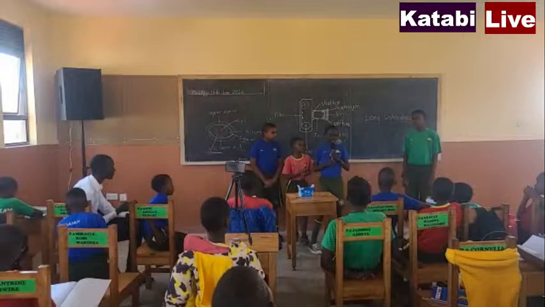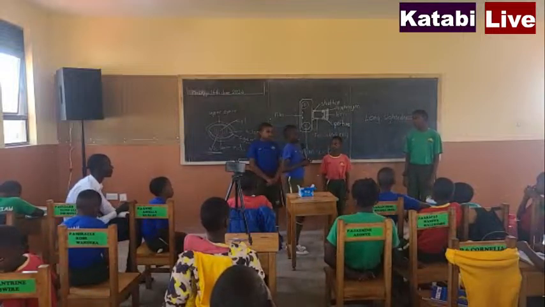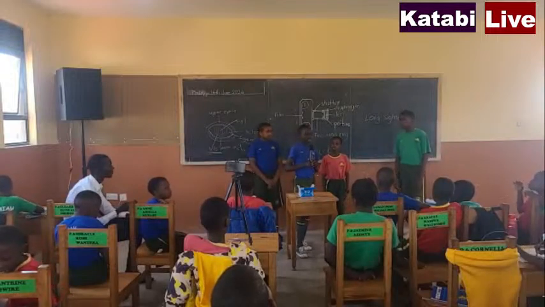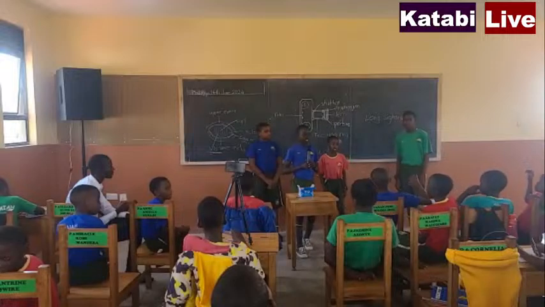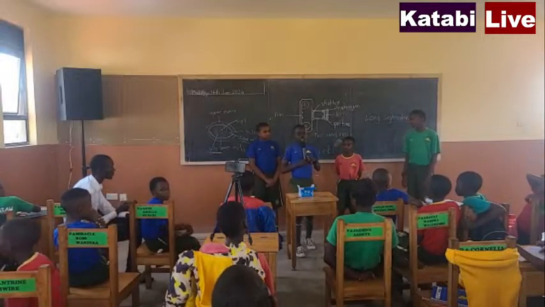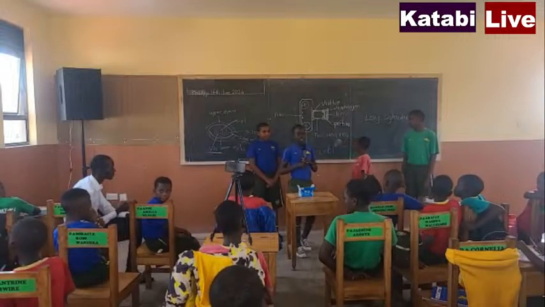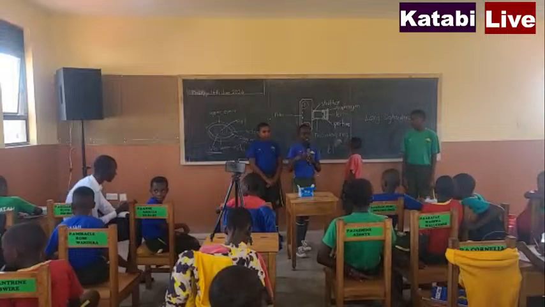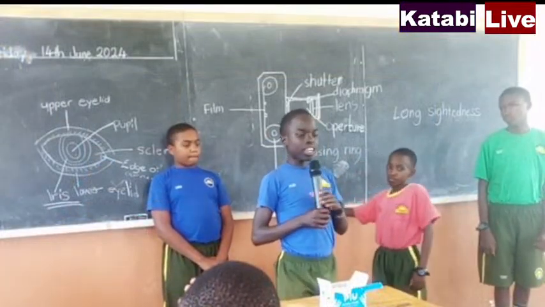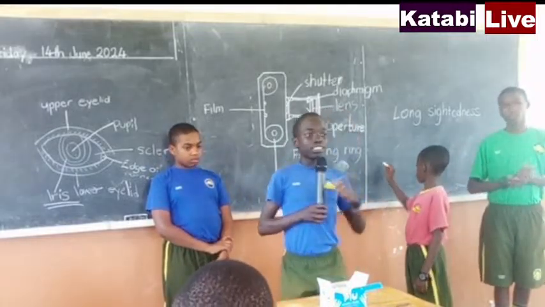Okay, so Eric, thank you for talking about long-sightedness. Now we are going to speak about short-sightedness. What is short-sightedness? Short-sightedness is the condition when a person cannot see distant objects, but can see nearby objects.